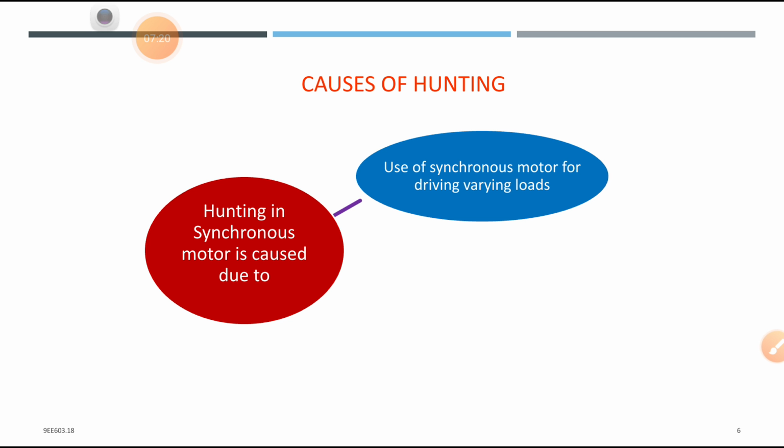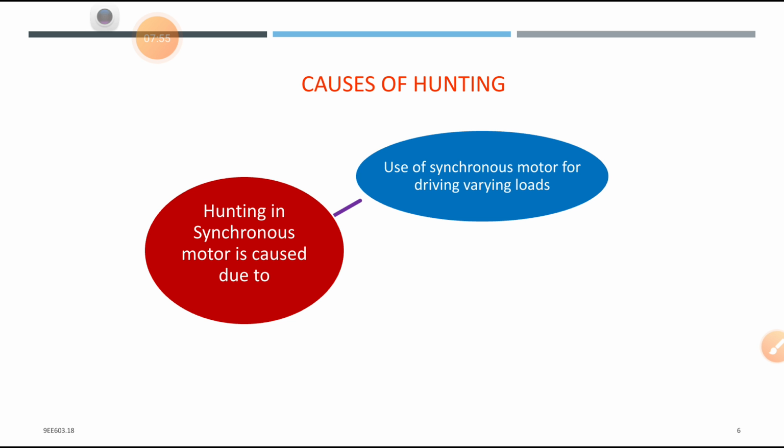For example, take punch presses, shears, compressors and pumps, where the punch suddenly impacts a load and stops. During the punching period, it draws more current because it requires the impact. So these varying loads may cause hunting.